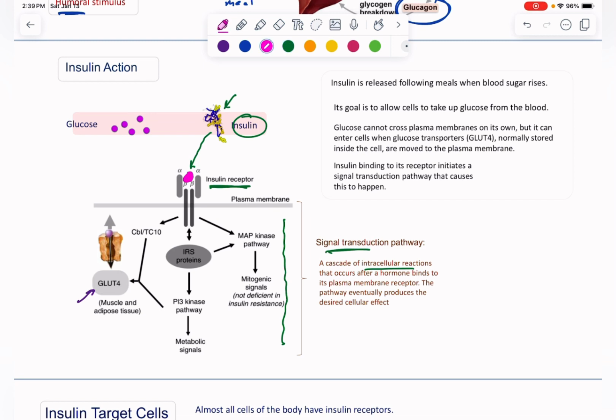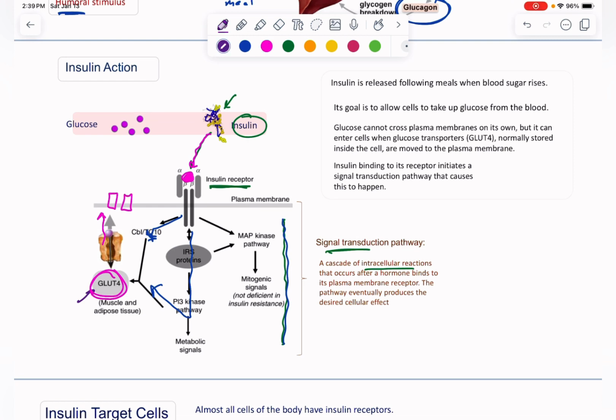So again, insulin diffuses out of the blood, binds to its receptor, that activates the receptor, which stimulates this signal transduction pathway, and it goes through all of these different pathways, like the PI3 kinase pathway. But the end result here is that it causes these GLUT4 transporters to move from inside the cell up to the plasma membrane.